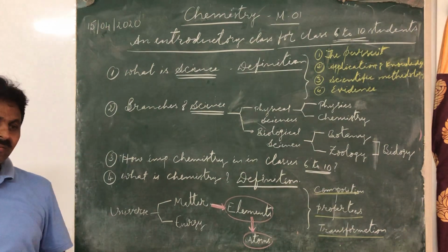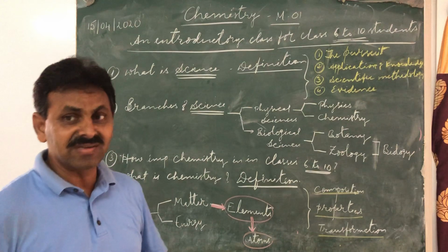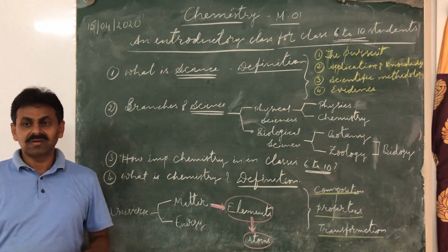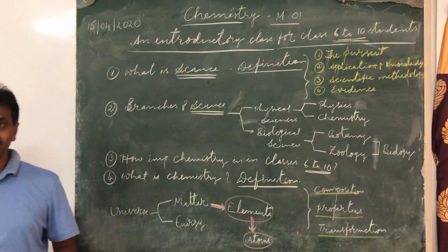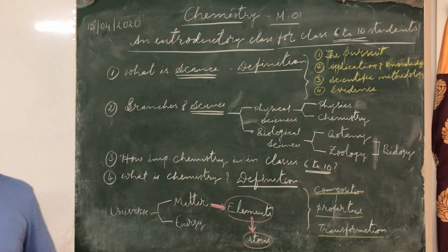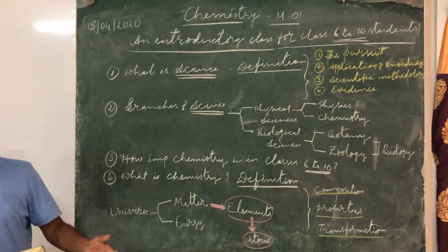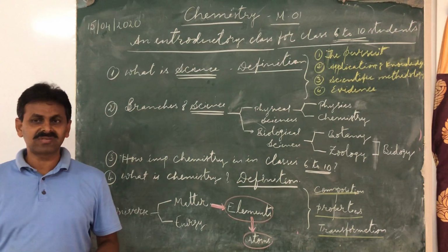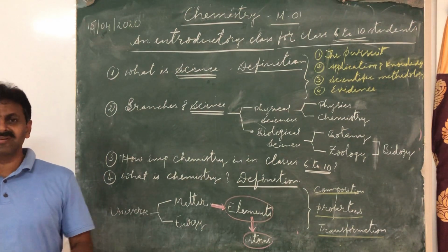You know children, I wonder if some of your friends, your parents, or your relatives might ask you, you have been studying science for the last few years. Maybe you are studying environmental science from class 1. Now you have reached 6, 7, 8, 9, 10 onwards. That means you have studied a lot of science.